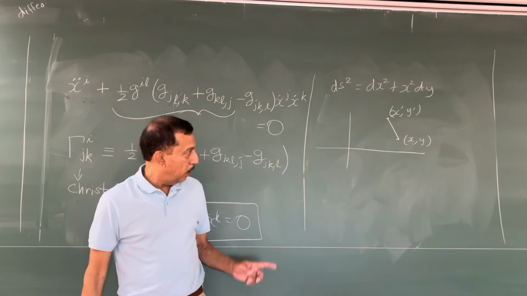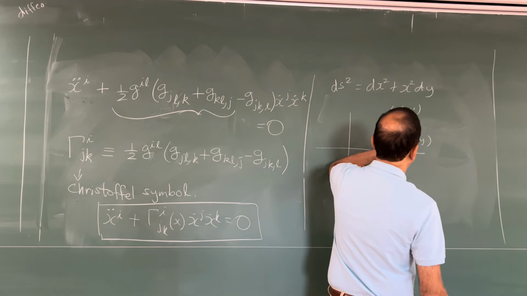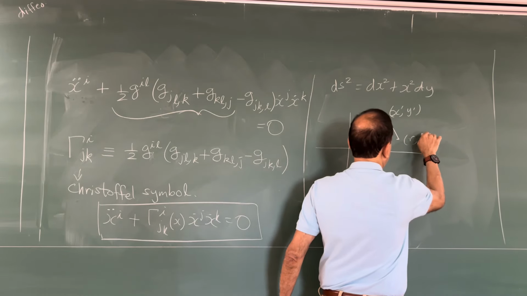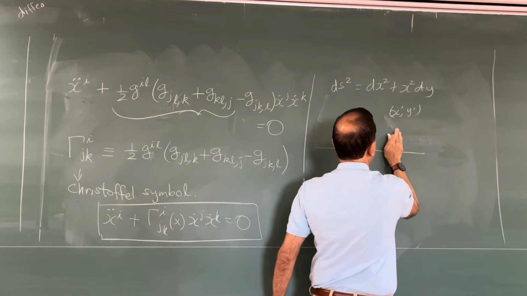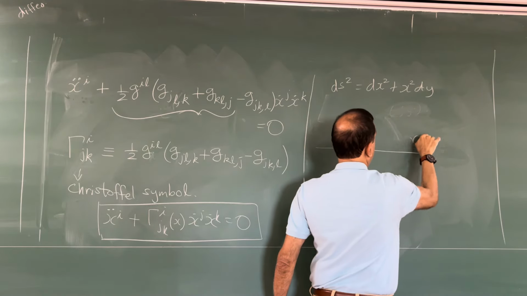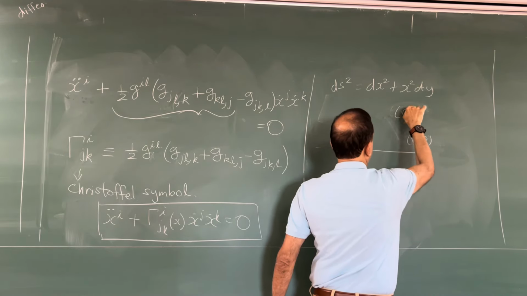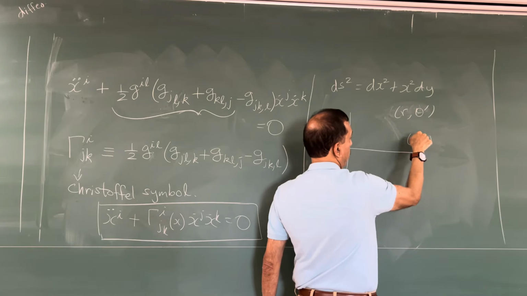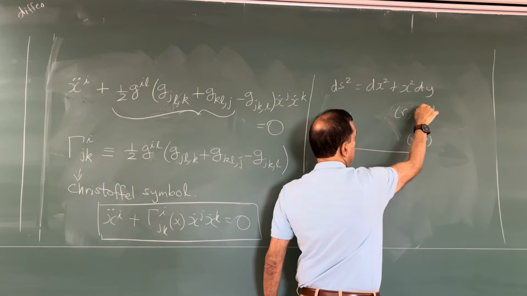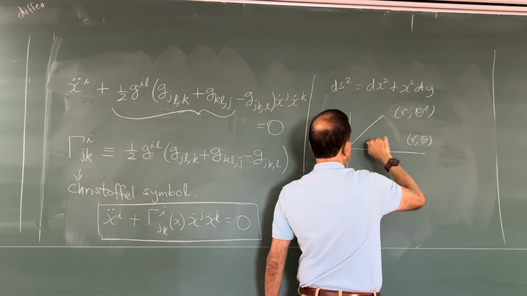Okay. Now, supposing I relabel the points for you as r theta and r prime theta prime, and I choose r to be the same as r prime. So it's just r, and this is theta, this is theta prime. So these are these two points.